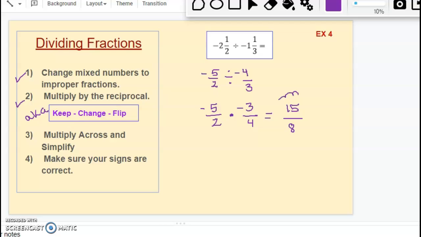So we're done. You can leave it like this. Now I know some of you are used to, in elementary school, changing this back to a mixed number. You're welcome to do that if you like, but you don't have to, okay? So either of these answers are okay. And notice they're both positive.